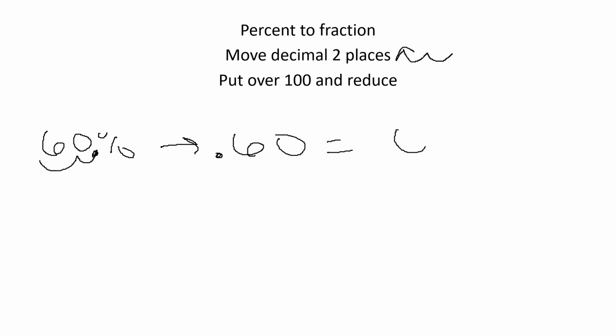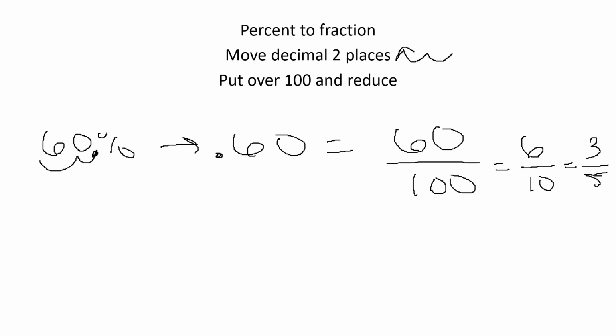Then you put that number over 100 and reduce. 60 and 100 can both be divided by 10. That gets me 6 over 10. Those can both be divided by 2, and that gives me 3/5. So move your decimal 2 places, put that over 100 and reduce.